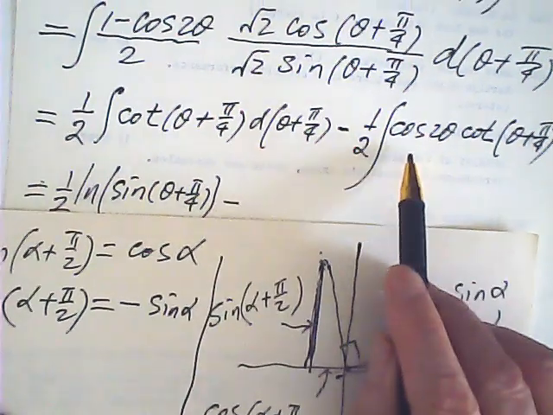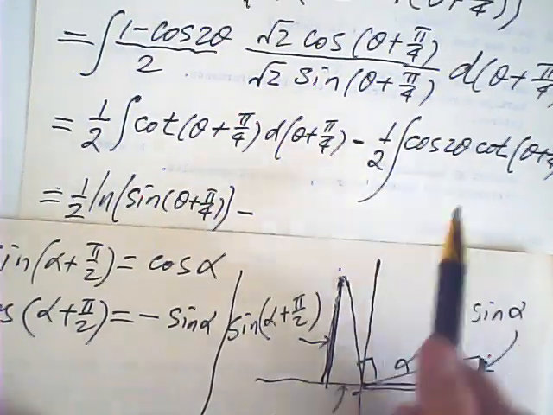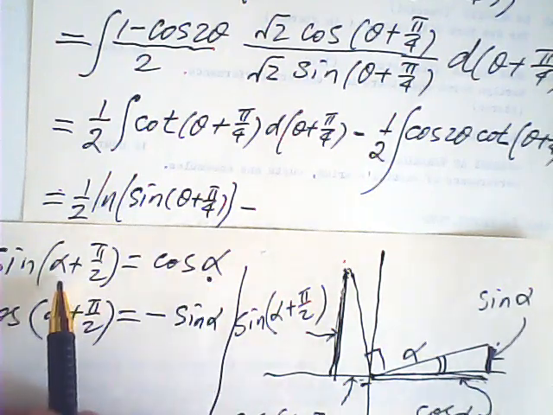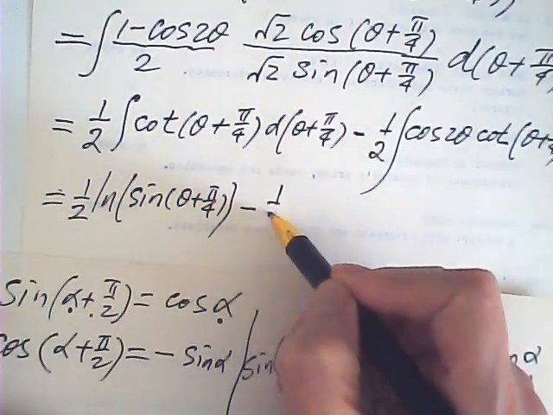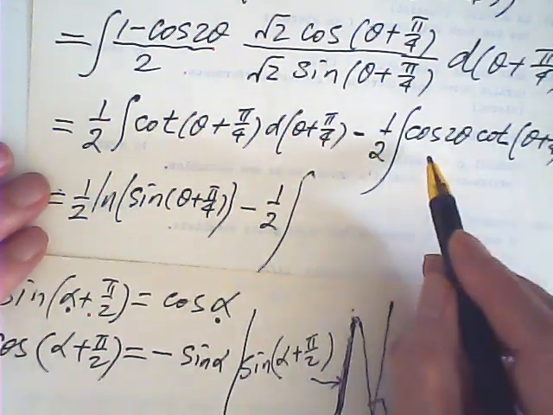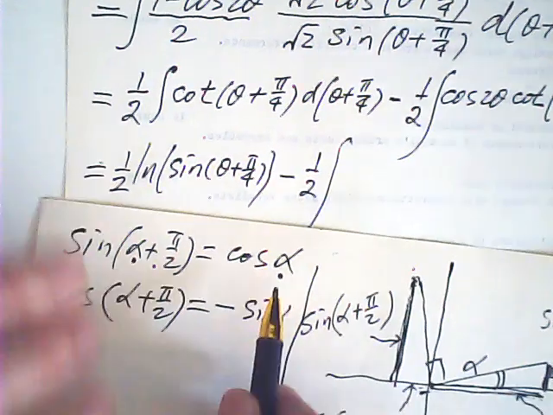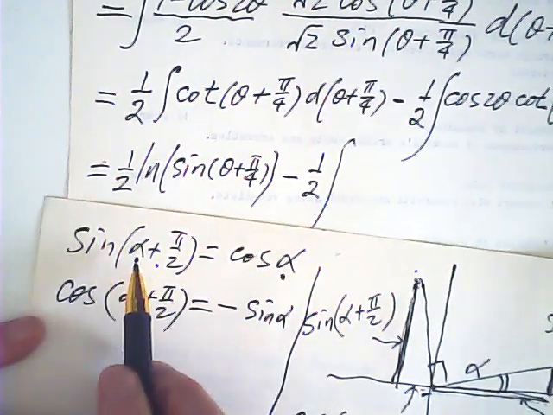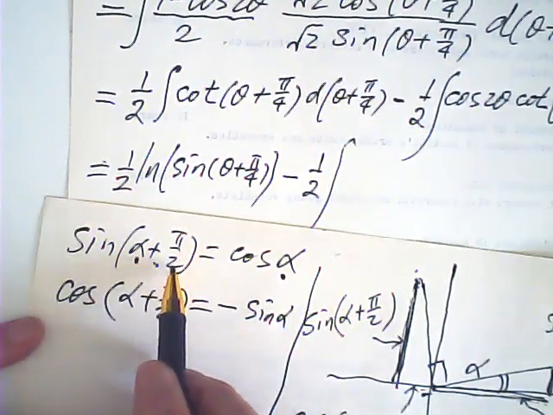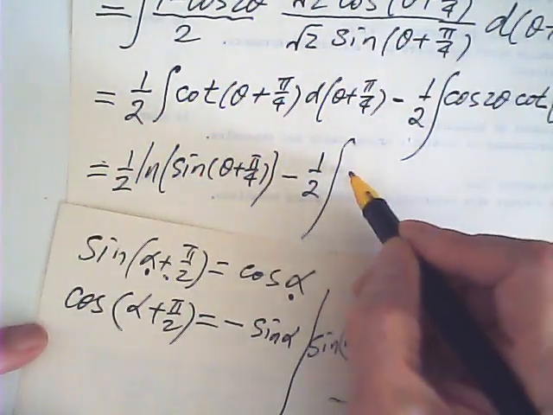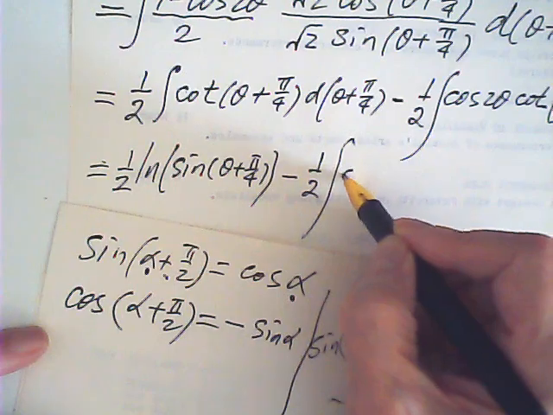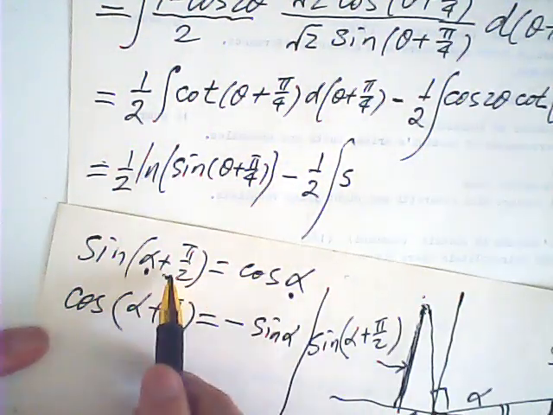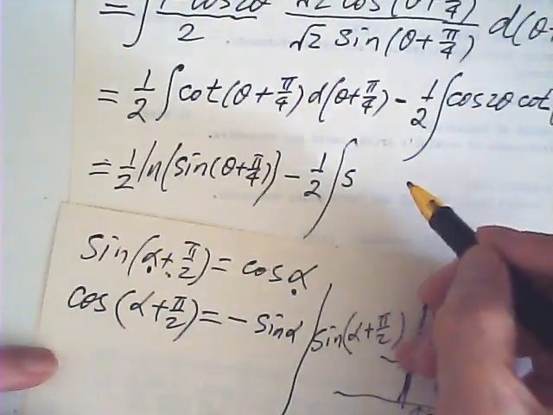Now here, cosine 2 theta. Cosine 2 theta is sine of 2 theta plus half pi, right? It's 1/2 integral. Cosine 2 theta is equal to sine of 2 theta plus half pi. So this equals sine, positive, right? No change in sign.